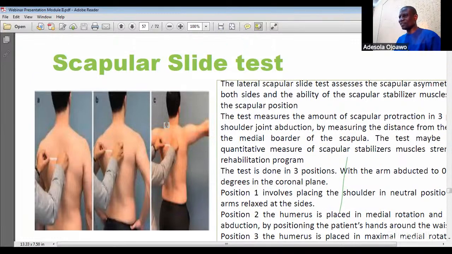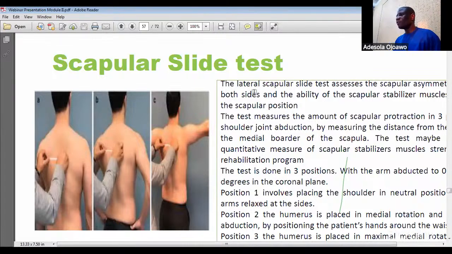Yes, very interesting. What you do here is that you measure from the inferior angle of the scapula to the spine. It has a range. I put it here for us. It has a range. While the patient is resting, while the patient puts the hand to the back, and while the patient lifts the hand up, maybe abducts to about 90 degrees, you measure it.